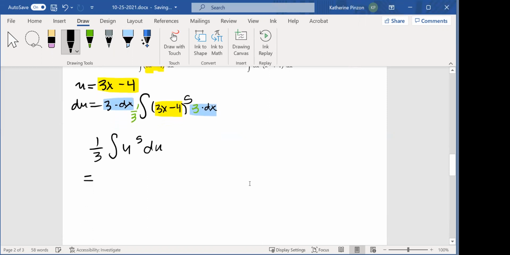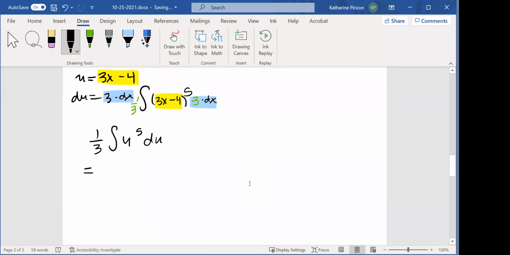Of 1/3 u to the 5th? u to the 6th over 6. Yeah. 1/3 times antiderivative of something to the 5th is add 1 to the power, divide by the new power, plus c. Good.